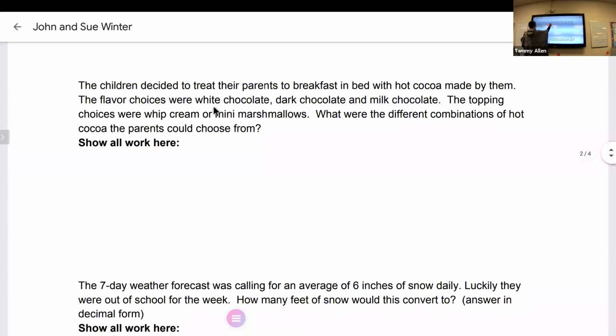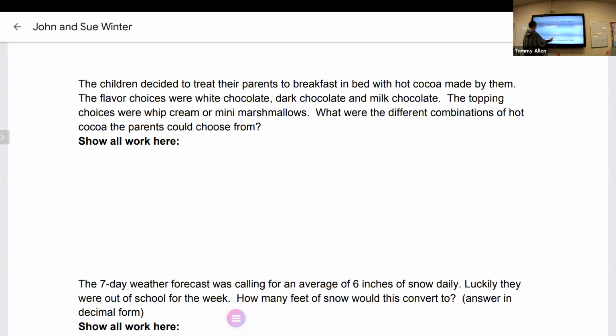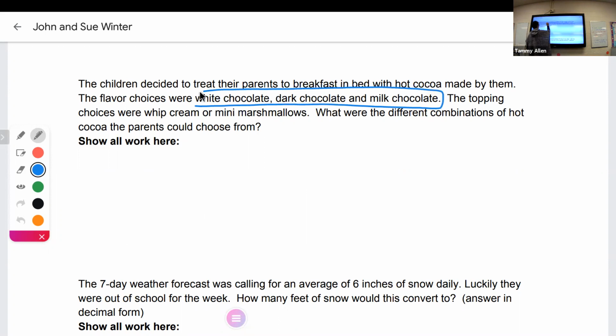So when we have our choice, we have our choices right here, and then we have our choices here, okay? All right? Our question, of course, is the different combinations, okay?